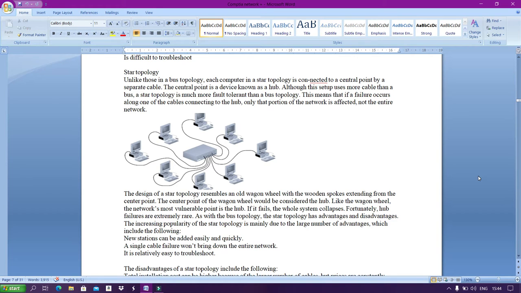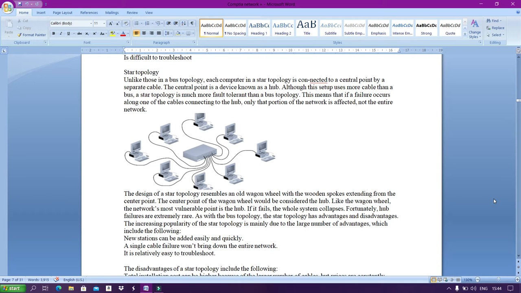That means that if a failure occurs along one of the cables connecting to the hub, only that portion of the network is affected, not the entire network. So this here is a picture of a star topology network. Here you have your switch or hub at the center, and Cat5 Ethernet cables going from the hub or switch to Ethernet ports in the back of these desktop computers.